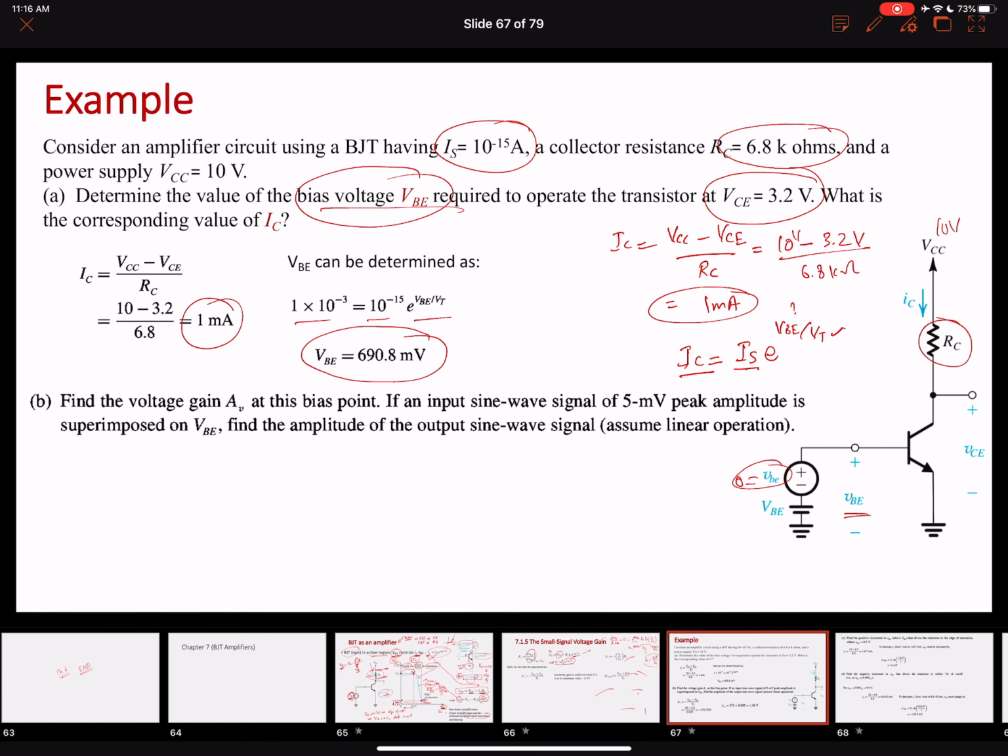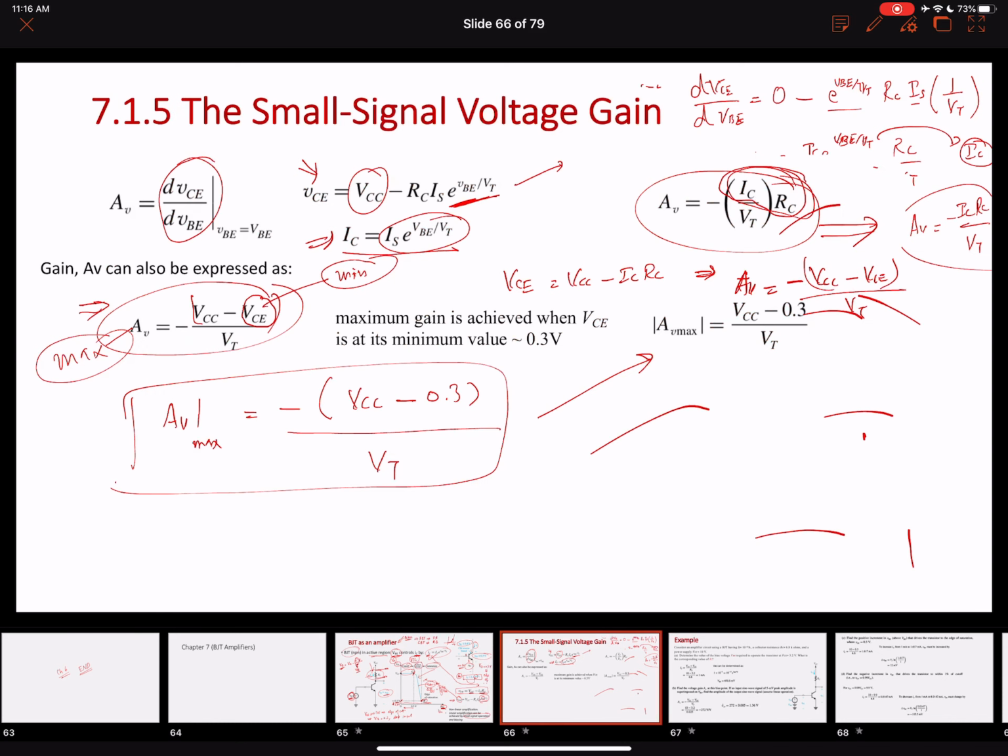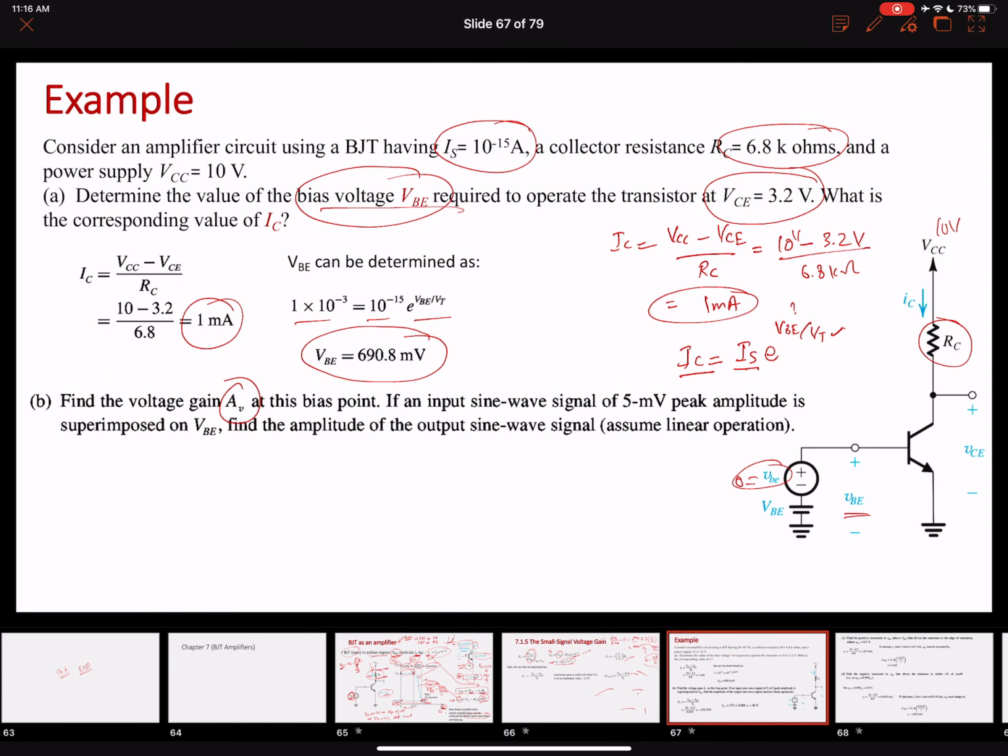Now, the second part of the question: first, let's find the value of the voltage gain. Our formula for the voltage gain is AV equals minus VCC minus VCE over VT.